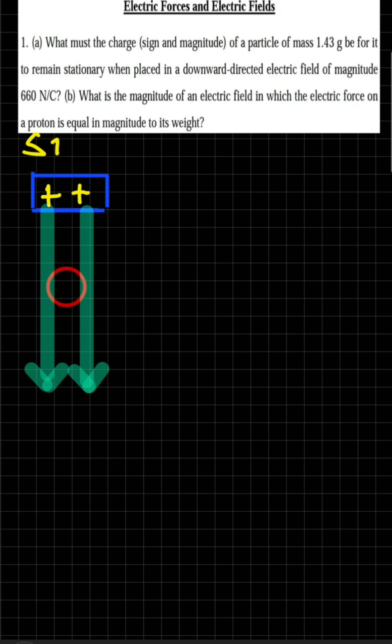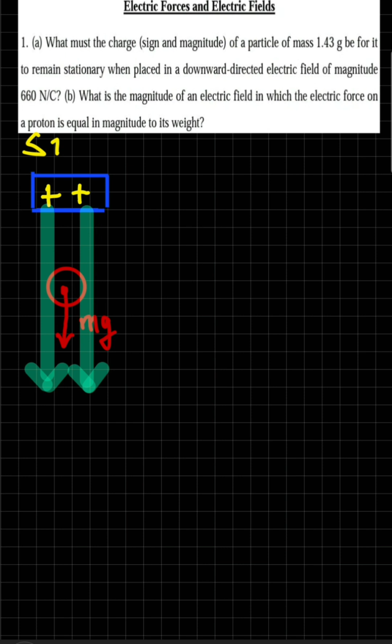So for this particle to remain stationary, we must also understand that this particle has weight, because they gave us the mass. They said it is 1.43 grams. It has weight, and weight is always projected vertically downwards. Okay, so this is our weight, mg, downwards.